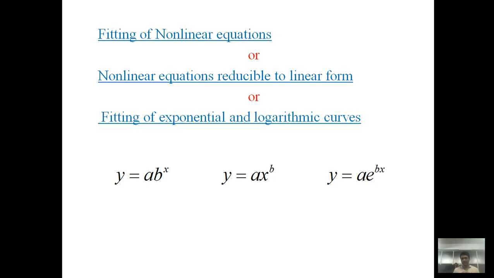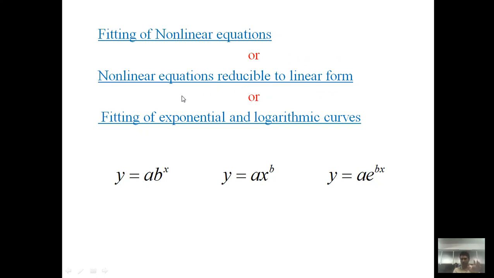But if our data is nonlinear in nature, then it is suitable to use the fitting of nonlinear equations. And fitting of nonlinear equations is also referred to as nonlinear equations reducible to linear form. These are some of the important terms.